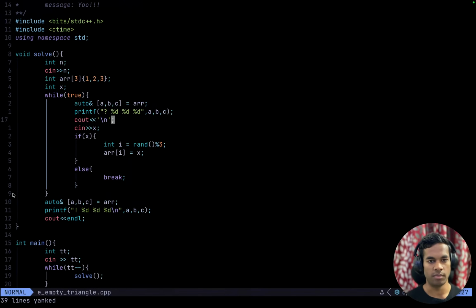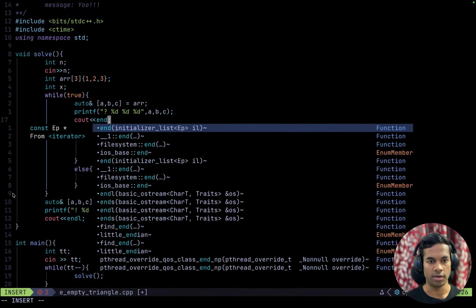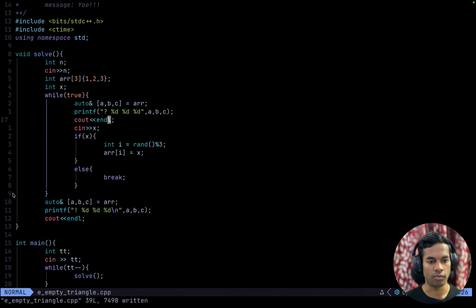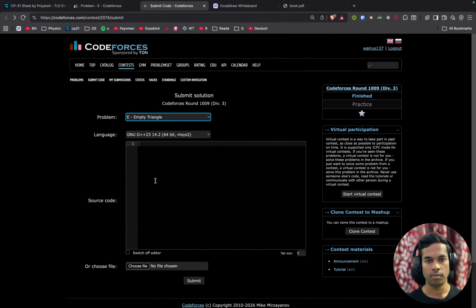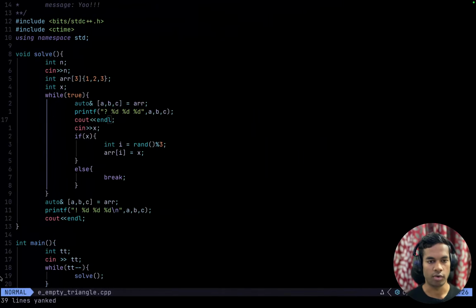This one will also work. This one has a higher probability of working than the other one. And we do know that this one will, of course, work.